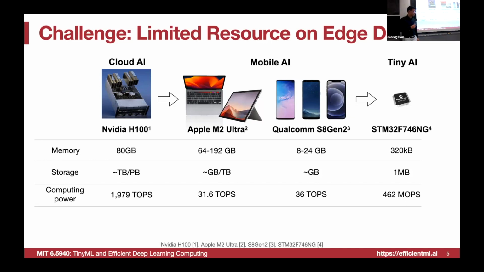So in contrast, the laptop has between tens or 100 gigabytes of memory. The largest Apple M2, which is the M2 Studio, I believe, has 192 gigabytes of memory, also pretty big.